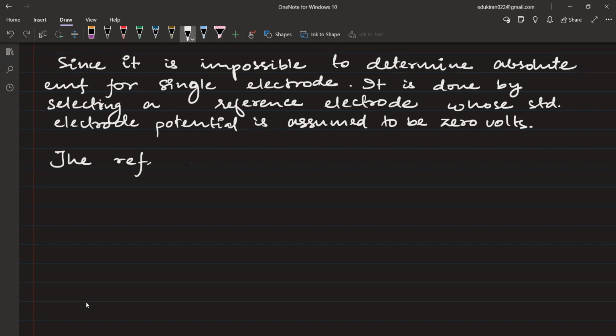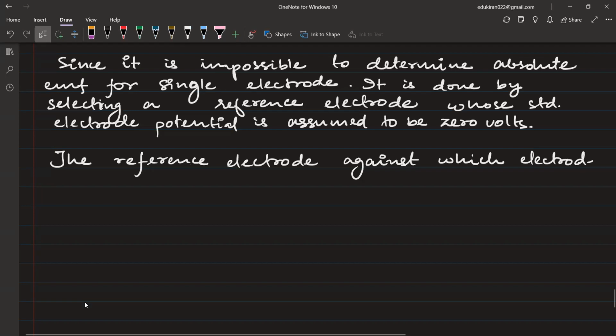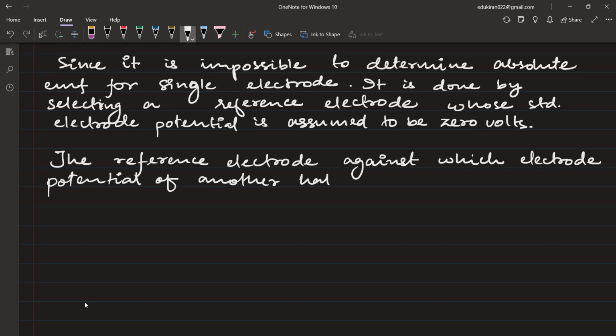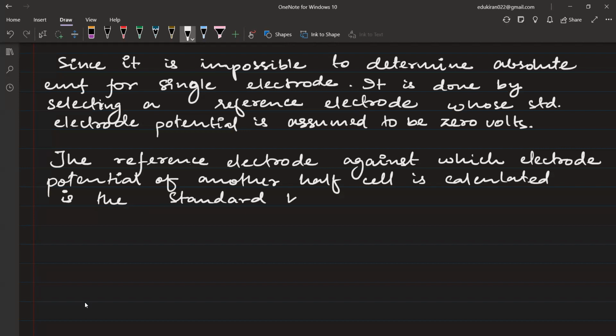The reference electrode against which the electrode potential of another half cell is calculated is the standard hydrogen electrode.